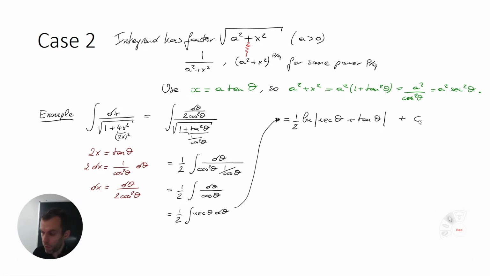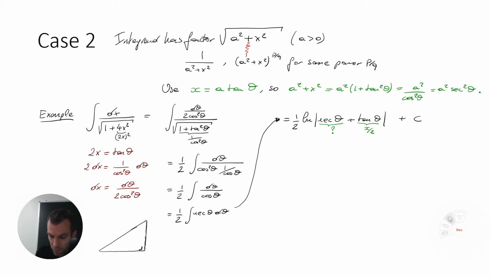So now, what do I know about the constituent parts? Well, secant theta is something that I will have to compute, and tan theta I already know from my substitution. This is x over 2. So let's compute what secant theta is, and again we have to take recourse to a triangle to find that out.